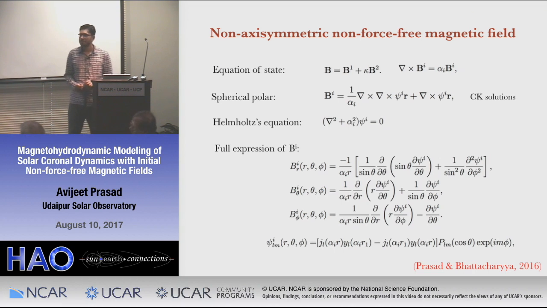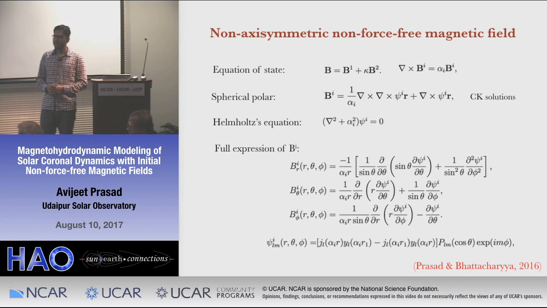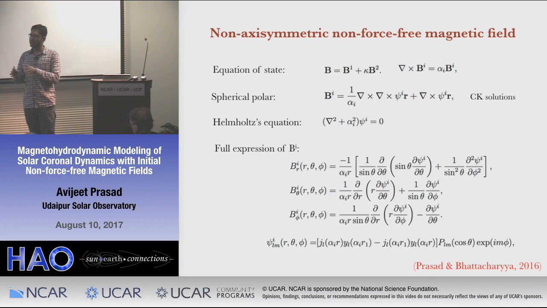So this is a linear combination of two linear constant alpha force-free fields. So this is a subset of measure 0 of the possible number of non-force-free magnetic fields. Is that right? So no, there is no constraint that has been put on that. So any general non-force-free field can be decomposed into a combination of two linear force-free fields.